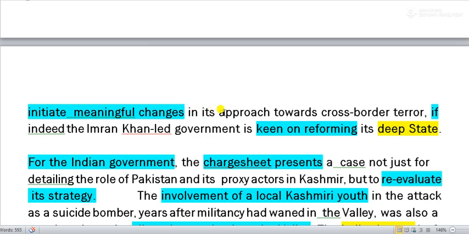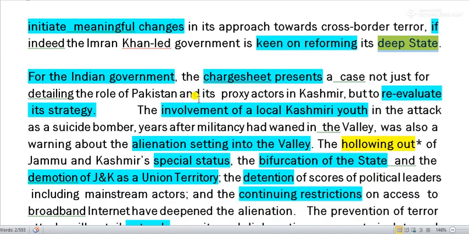This is possible only if the Imran Khan government is willing to reform the terrorist deep state that Pakistan has with itself. This deep state refers to the terrorist groups which do not obey government orders and rather have their own independent rules and actions.